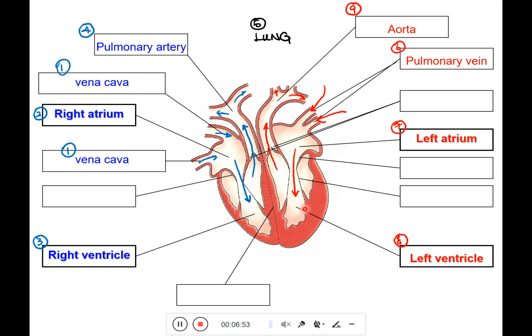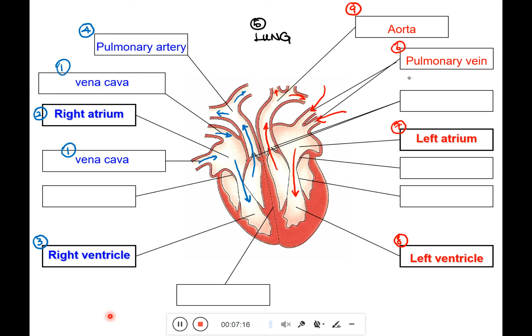Then the left ventricle contracts and pumps the blood through aorta to all different body parts except the lungs. So read this several times at home so that you can remember all the sequence.